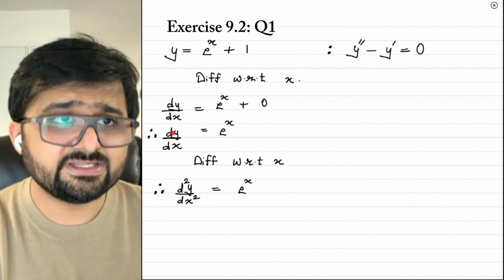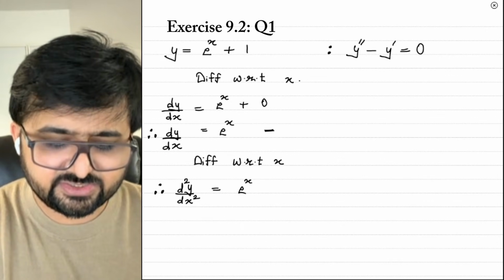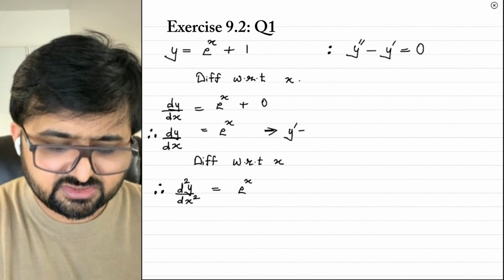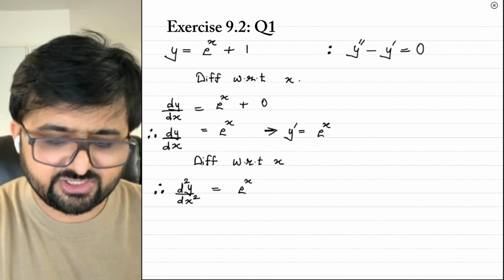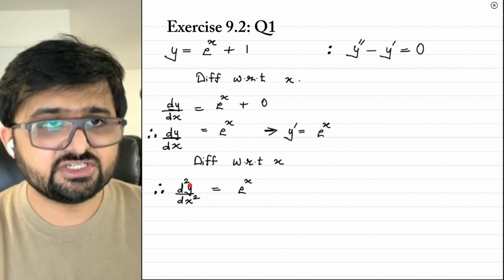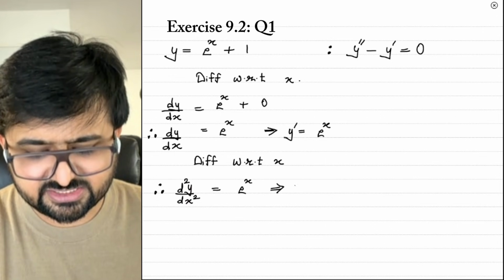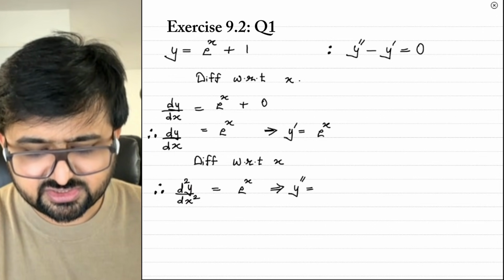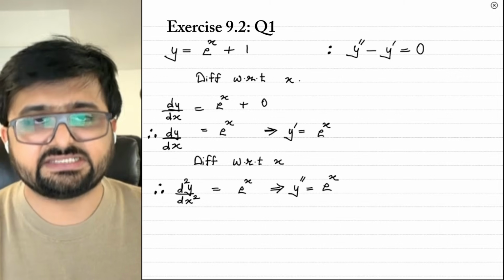Note that dy by dx is nothing but y dash. So y dash is e to the power x, and d2y by dx square, which is y double dash, is also e to the power x.